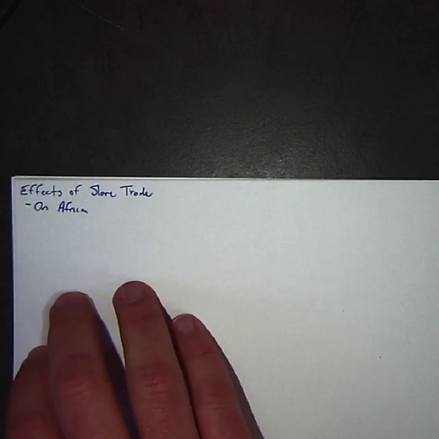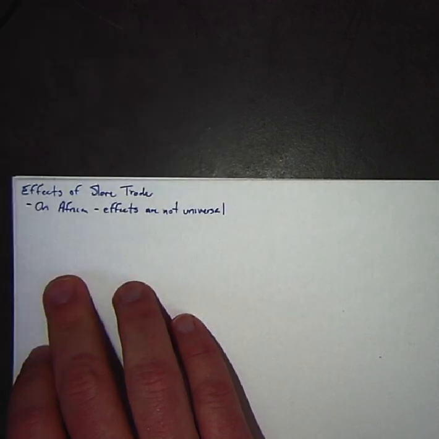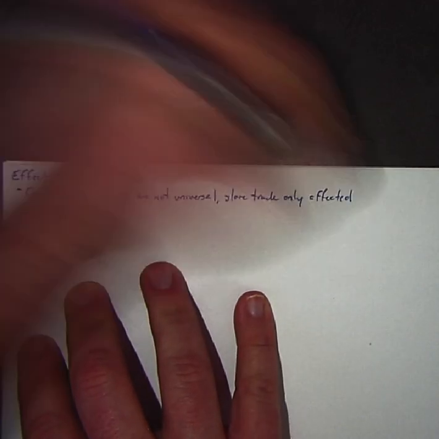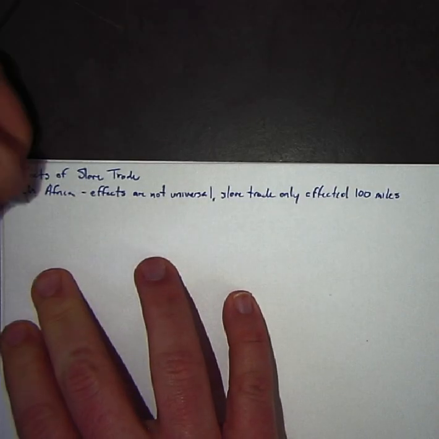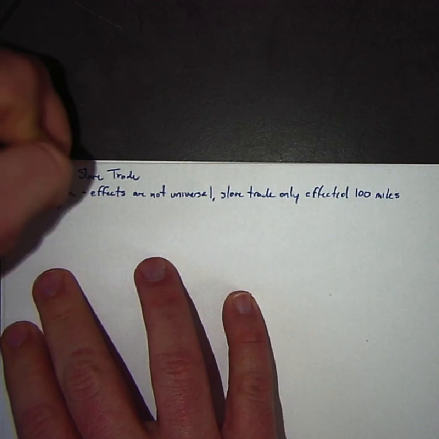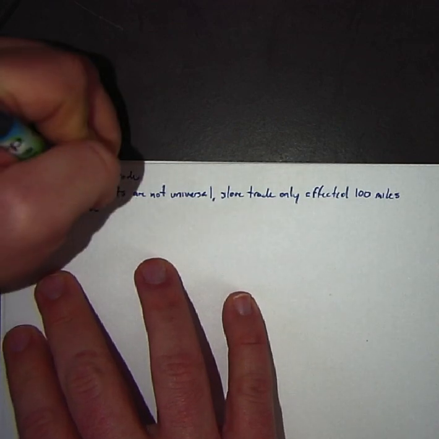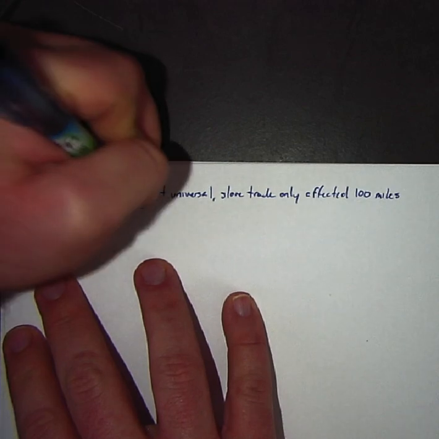Now, one thing we've got to pay attention to is that the effects here are not universal. The slave trade only affected about 100 miles inland from the west coast of Africa.